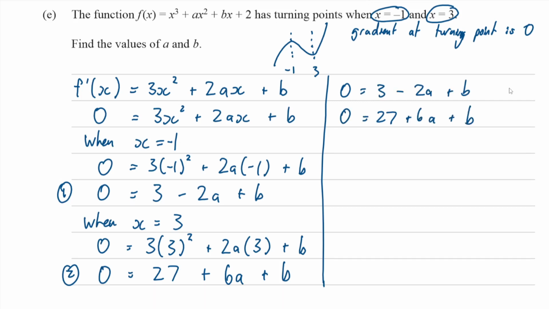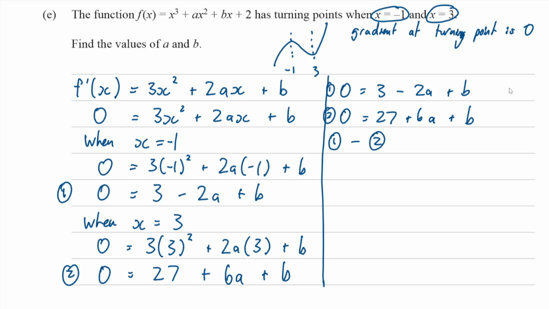And we'll do what's called elimination, where we effectively add or subtract the equations from each other to eliminate a variable. So I see both equations have plus b on the end. So if I subtracted one equation from the other, we would eliminate b, and we'd be left with one equation and one variable, variable a. So let's do 1 minus 2.